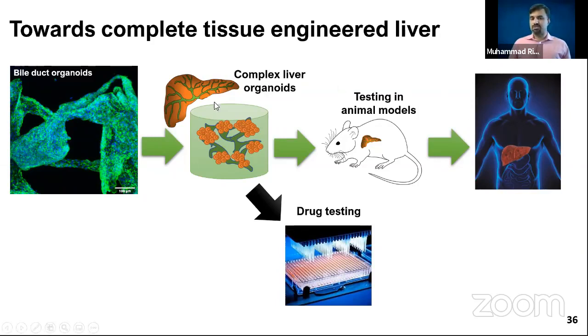But it's not just transplantation. I briefly mentioned that we can also use these gels for drug testing. We can probably have better outcomes of drug testing if we are testing in human cells which have already formed these tiny organoids. So ultimately, this is where we want to go.